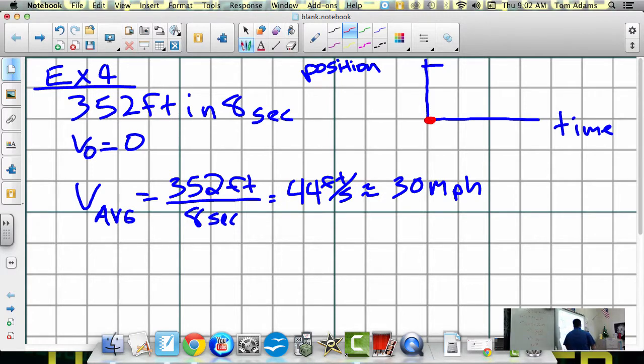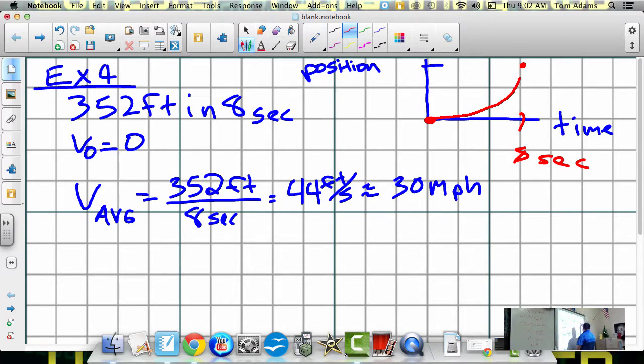Now does the car go exactly 30 miles an hour right then and there, when you get in the car? No. It kind of speeds up. So if I were to kind of sketch the graph, what might it look like? Yeah, it'd have one of these things where in 8 seconds, it should reach... It'll start off slow and it'll speed up, and it might even stop.